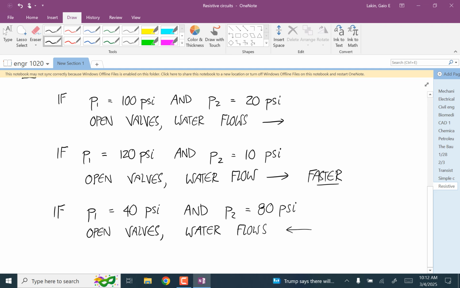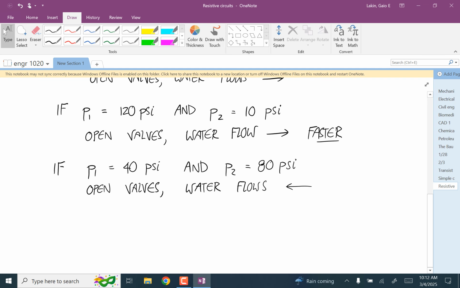There's one more thing that I want to say about this. The biggest pressure that I've talked about here is 120 psi. Let's say that we go to bigger pressures than that. Now we'll go to P1 equal to, let's say, 140. That's about as much as you can probably pump up with a bike pump. But let's say that also P2 is equal to 140 psi.